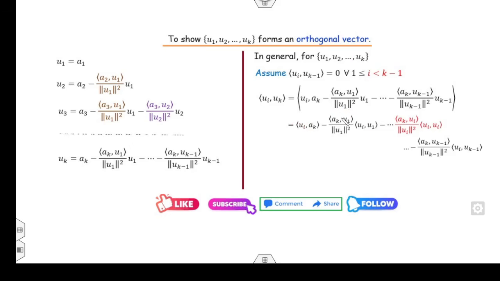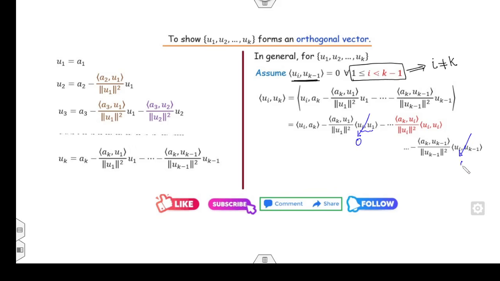Now you can see, because ui and uj is 0 for all i between 1 to k minus 1, whenever i is not equal to k, this number will be 0.